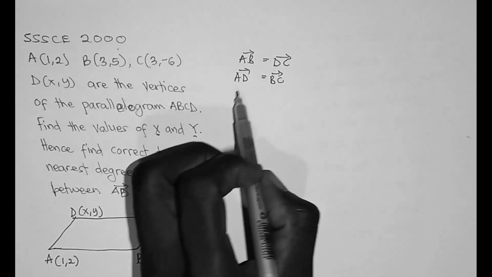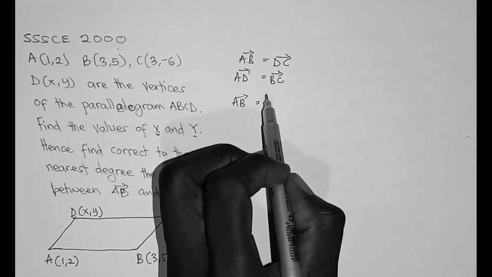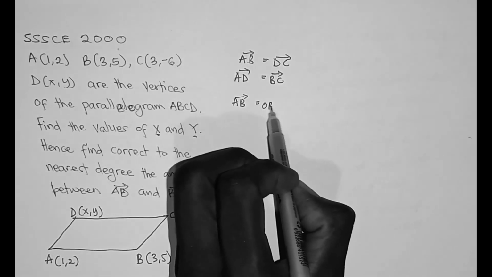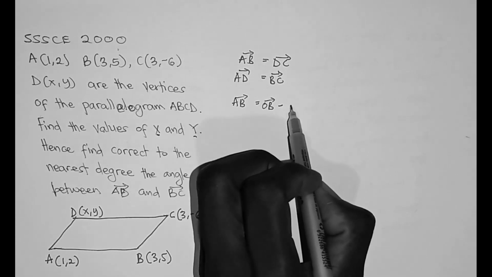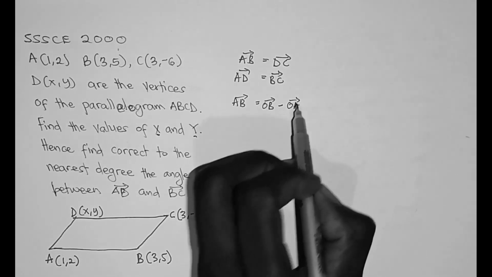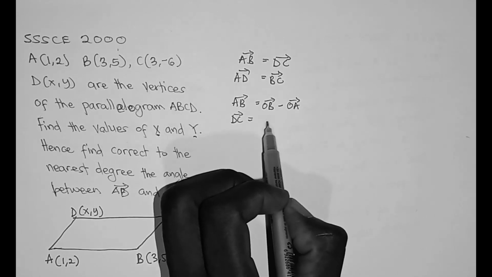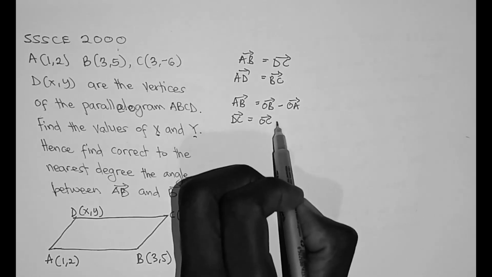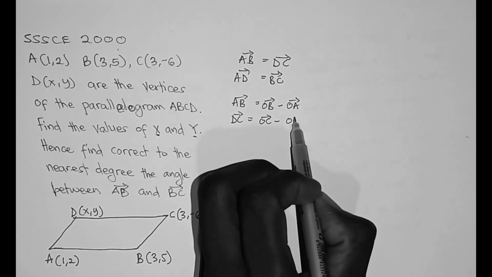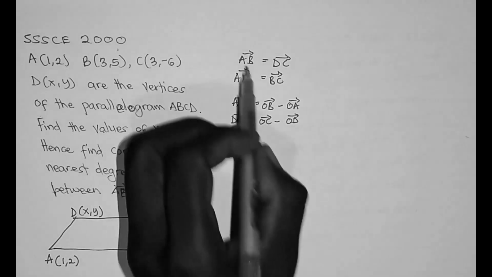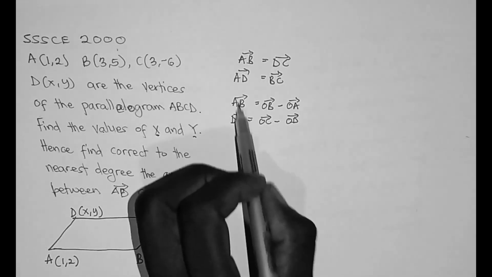So, what is the vector AB? The vector AB is OB, that is the position vector of B, minus OA, position vector of A. The vector DC is the position vector of C, OC, minus position vector of D, which is OD. So since vector AB is equal to vector DC, it means we can equate these two.